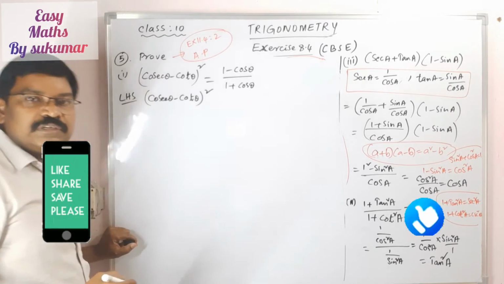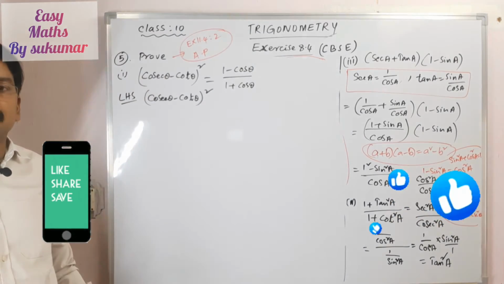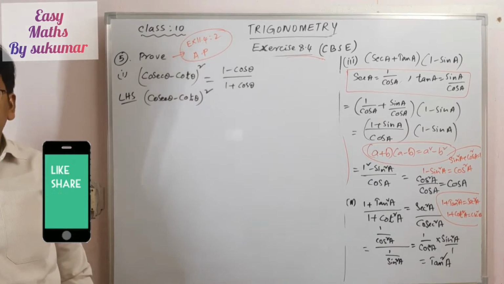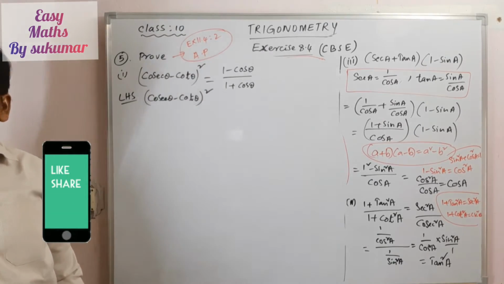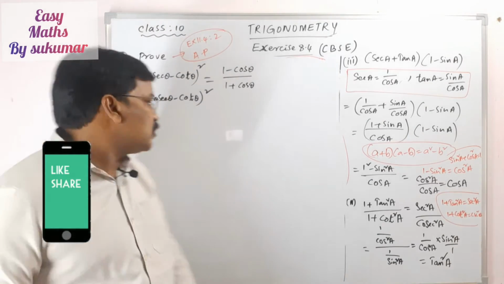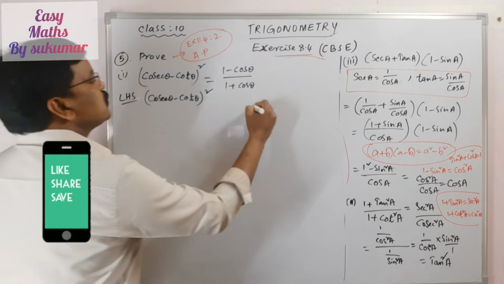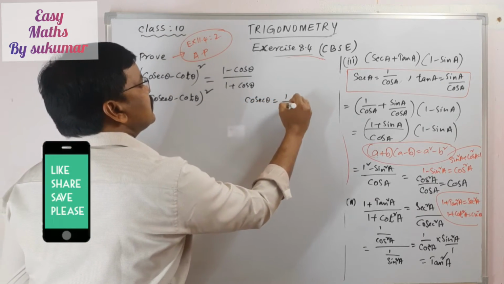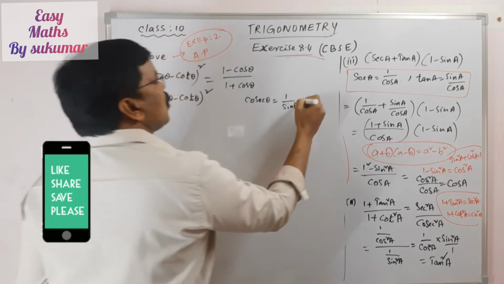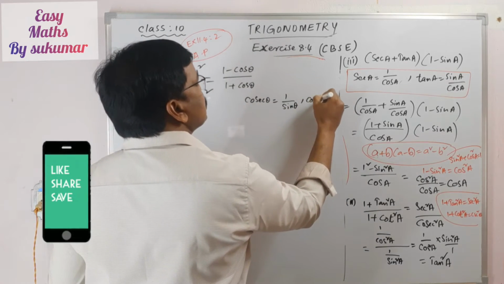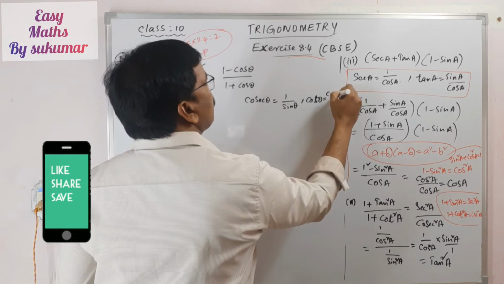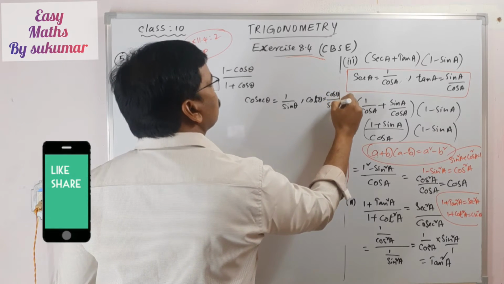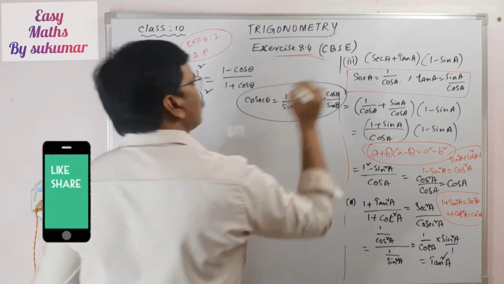See, my dear students, in this cosecant theta minus cot theta whole square, cosecant theta can be written as 1 by sin theta. Similarly, cot theta can be written as cos theta by sin theta, right?